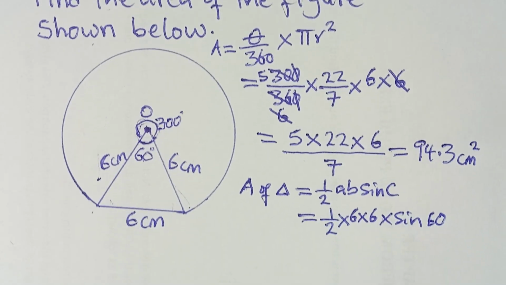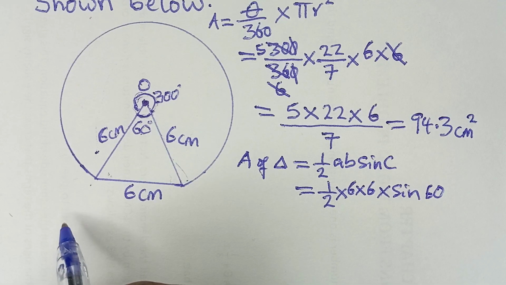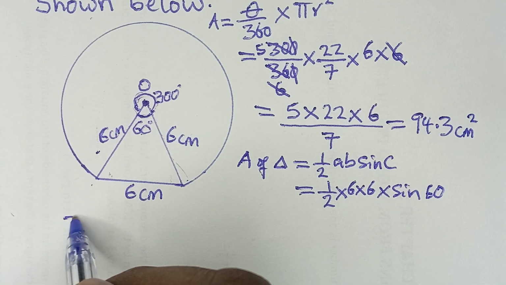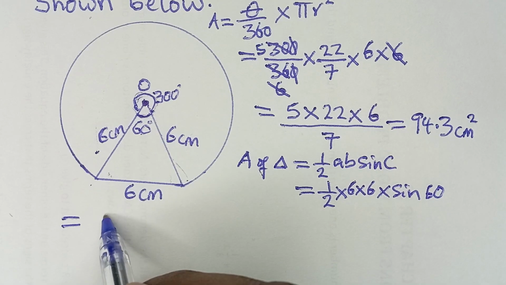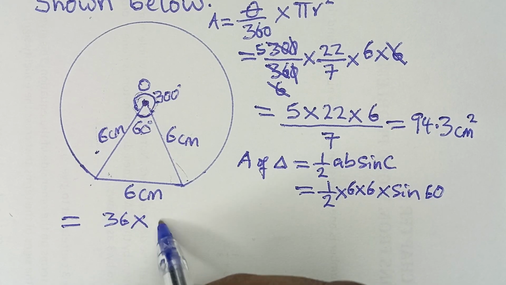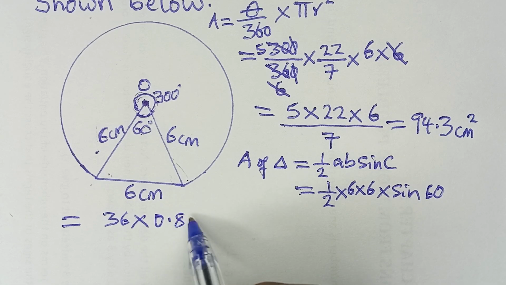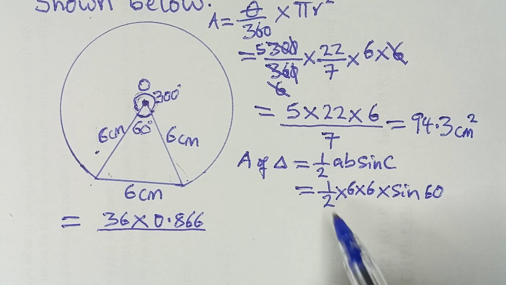That will simplify further to give 6 multiplied by 6 is 36, then times sine 60, which is 0.866, then all divided by 2, which is the denominator there.